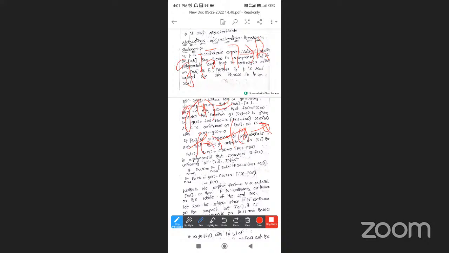Also, as f is continuous on [0, 1], g is continuous with g of 0 equal to g of 1 equal to 0.